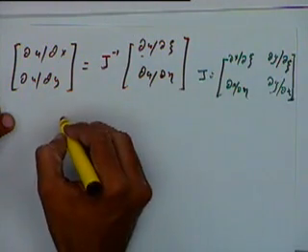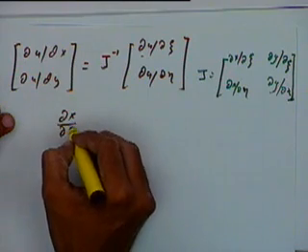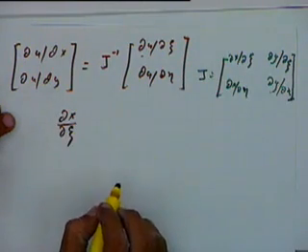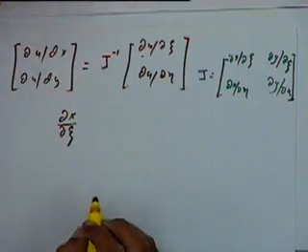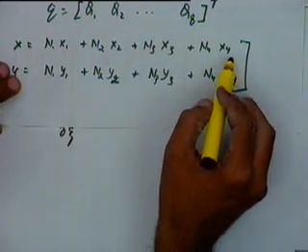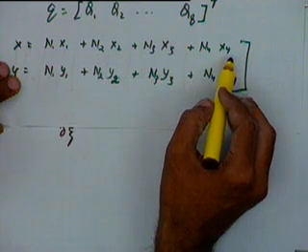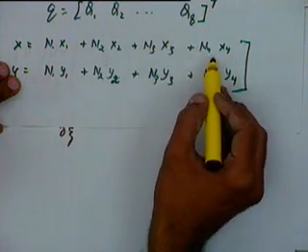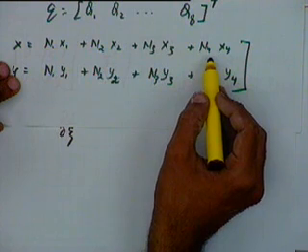If I try to get del x by del zeta, that is this first term, I will have to take this equation and differentiate it with respect to zeta. All n1, n2, n3 and n4 will have terms of zeta in it.